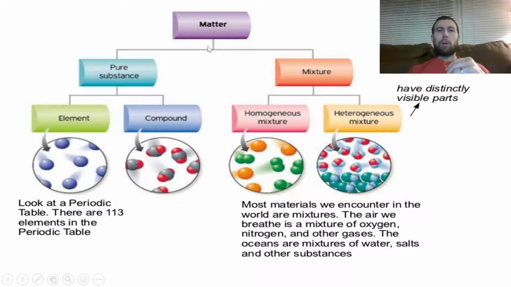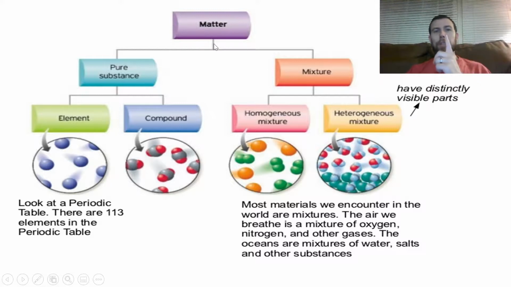And so the question we want to ask ourselves is, is it made up of one type of substance or multiple types of substances? If the answer is it's made up of only one type of substance, then what we're going to do is follow this path over here to the pure substance category. Okay, if you answered that question with it's made up of two or more substances, then you're going to follow it over here to the mixture category.